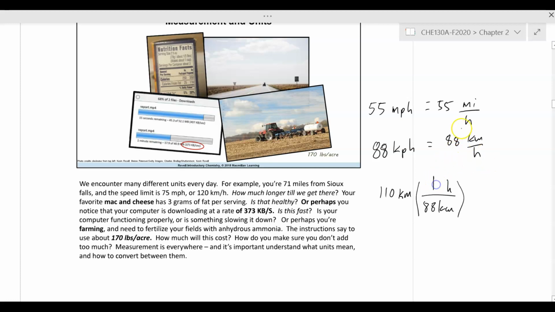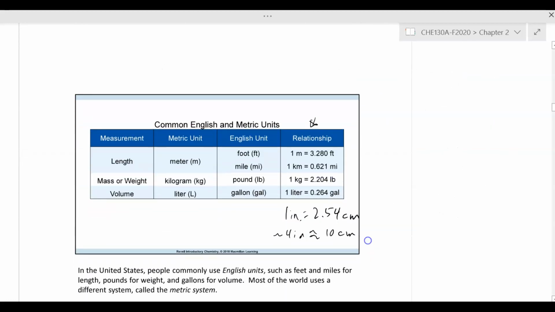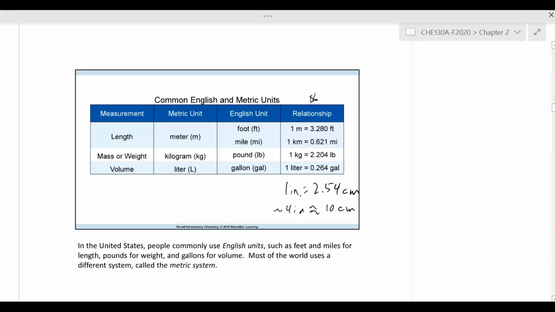According to this, that's 88 kilometers in 1 hour. Kilometers cancel out, and so it'll take me 110 divided by 88 hours, and we could mathematically figure out that's a little more than an hour and a quarter, maybe even a little less than that. We can plug it in the calculator. Using the units will help you figure out how to do the problems.